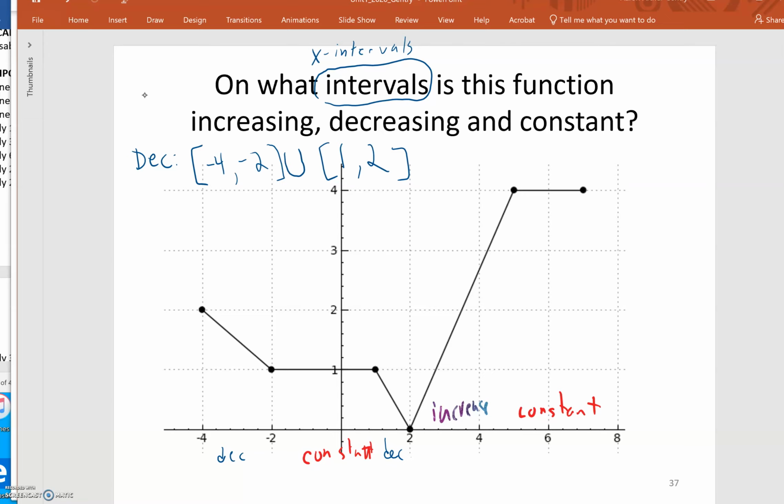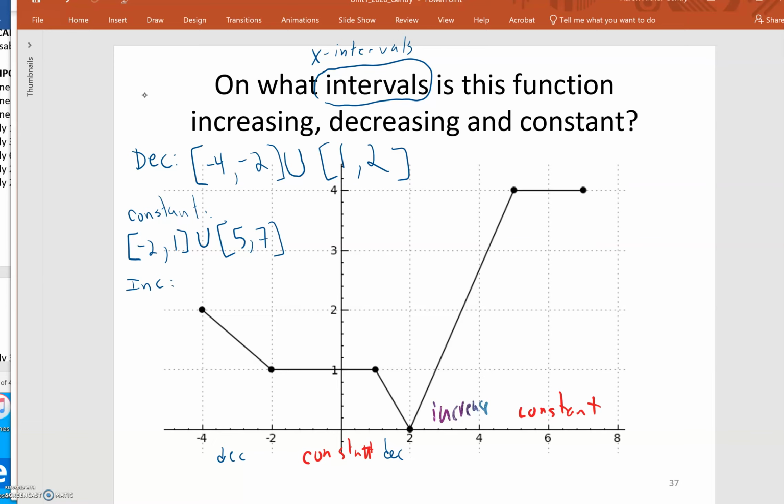Okay. Where is the function constant? From -2 to 1, union 5 to 7. And where is the function increasing?